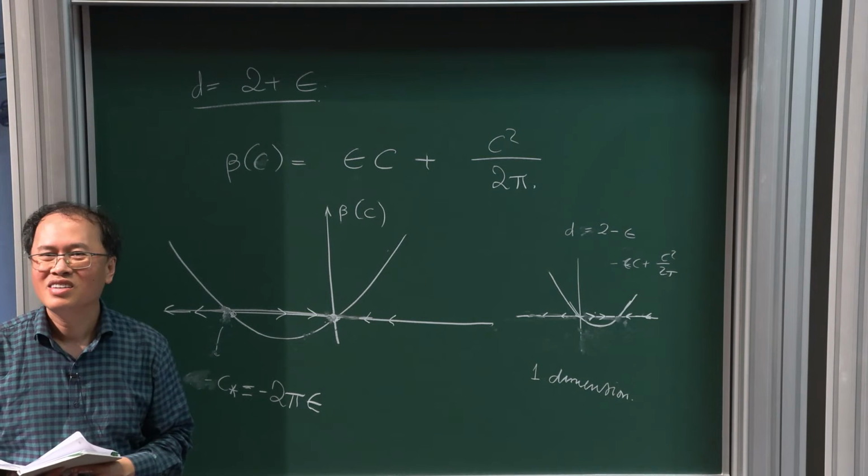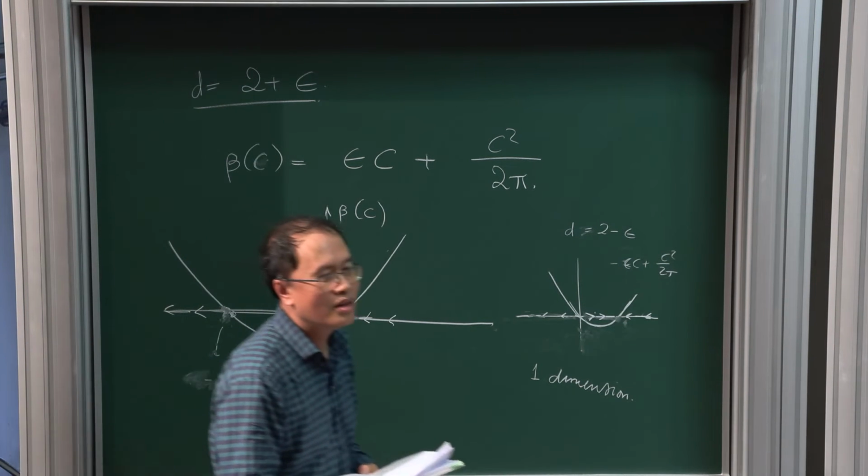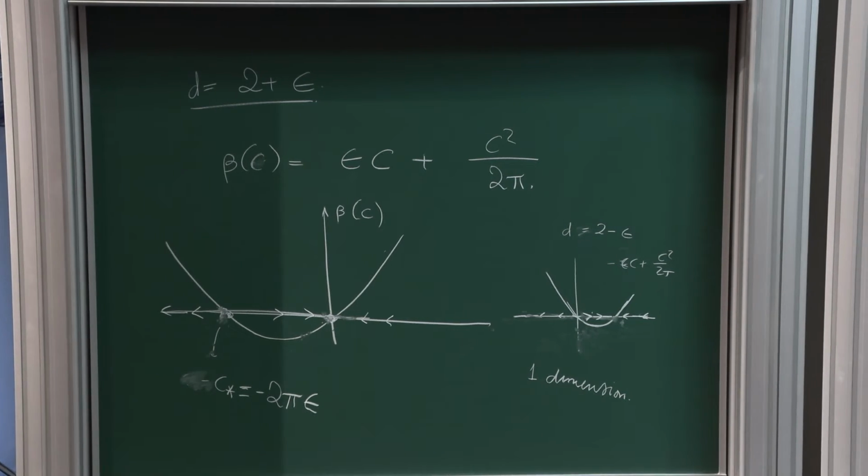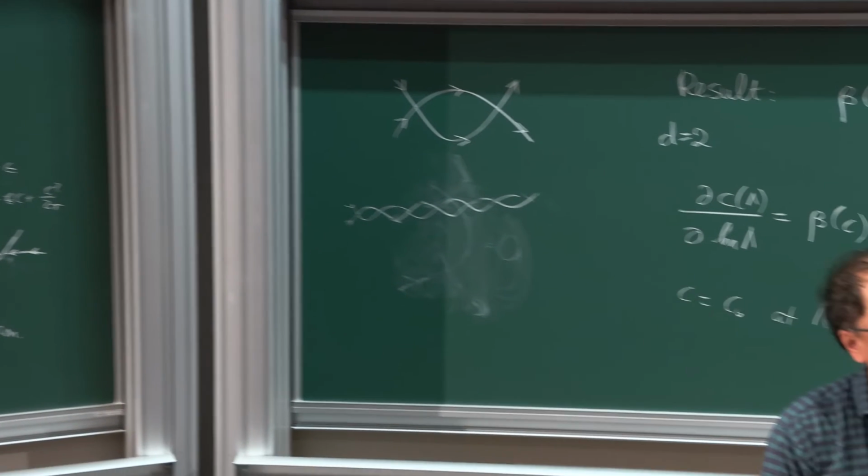Any question? Okay, so for d equal to 2 plus epsilon, you found a fixed point, which is scale invariant. Is it also conformally invariant? Because the number of particles is conserved, if I take two operators with different particle number, the 2-point function should vanish, right? So is it a conformally invariant theory as well? I'm going to discuss now what is the notion of conformal invariance in non-relativistic physics.